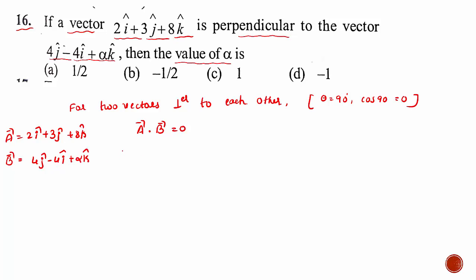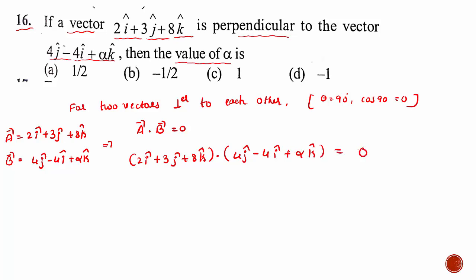So here substitute the values. Vector A, 2i cap plus 3j cap plus 8k cap, dot vector B, 4j cap minus 4i cap plus alpha k cap, is equal to 0.